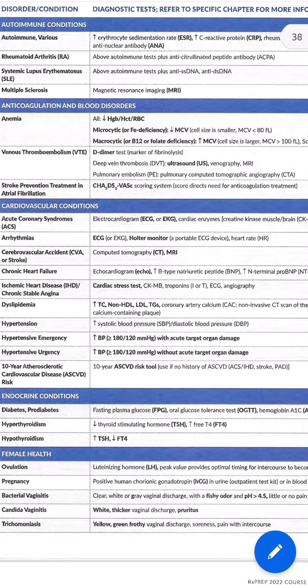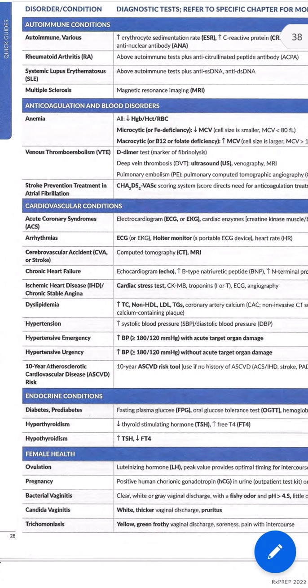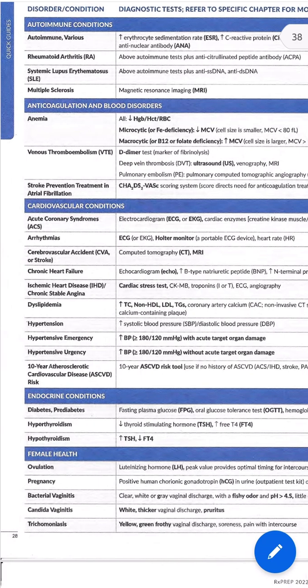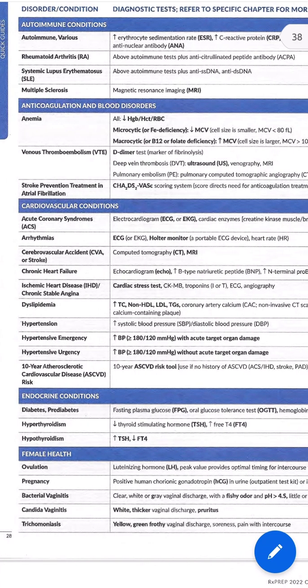B12 deficiency may be due to alcohol, an alcoholic maybe, or if you were taking metformin long term, you might also have to get B12 supplements.